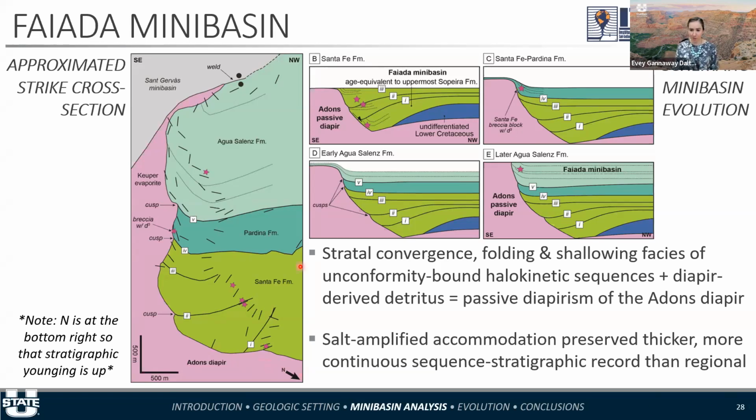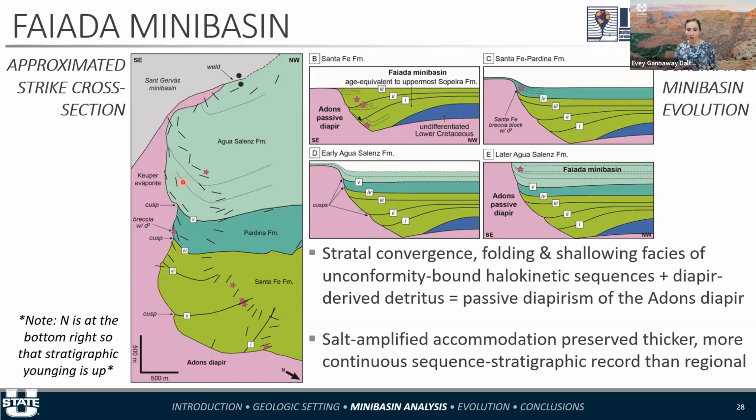Well, let's return to the map and this approximate strike section to remind ourselves of these stratal geometries that show folding and convergence towards the salt margin. You also saw in the previous slide the shallower than expected facies and the dipyramidal quartz, the diapir-derived detritus.